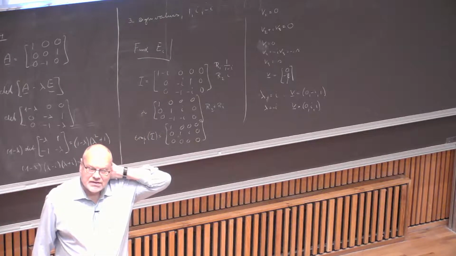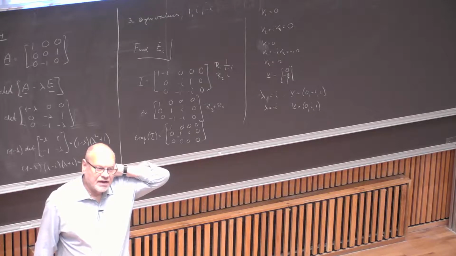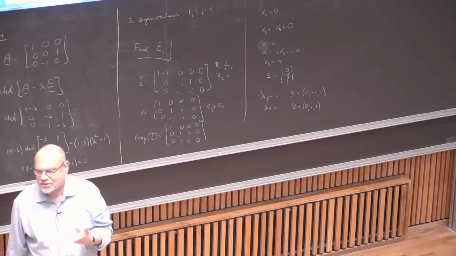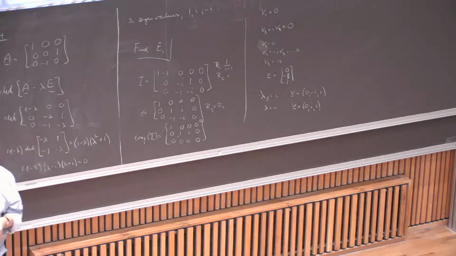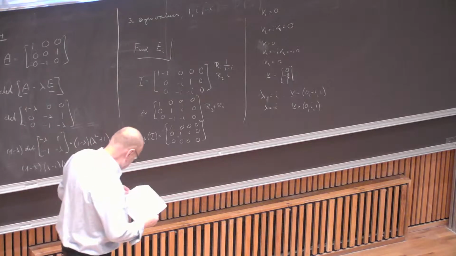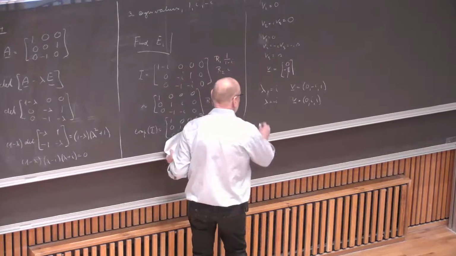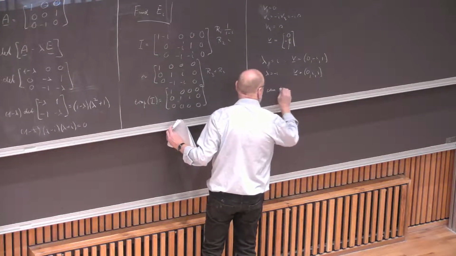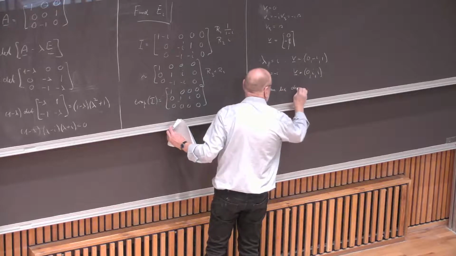And this means that the corresponding 3 eigenvectors are linearly independent. So you have your 3 linearly independent eigenvectors, so you can simply diagonalize this matrix. So A can be diagonalized.